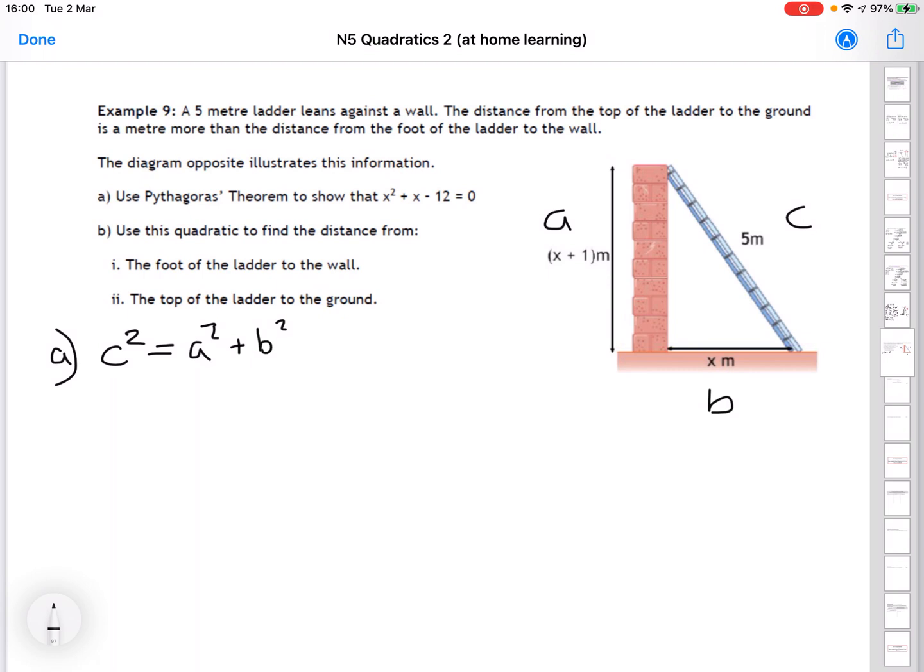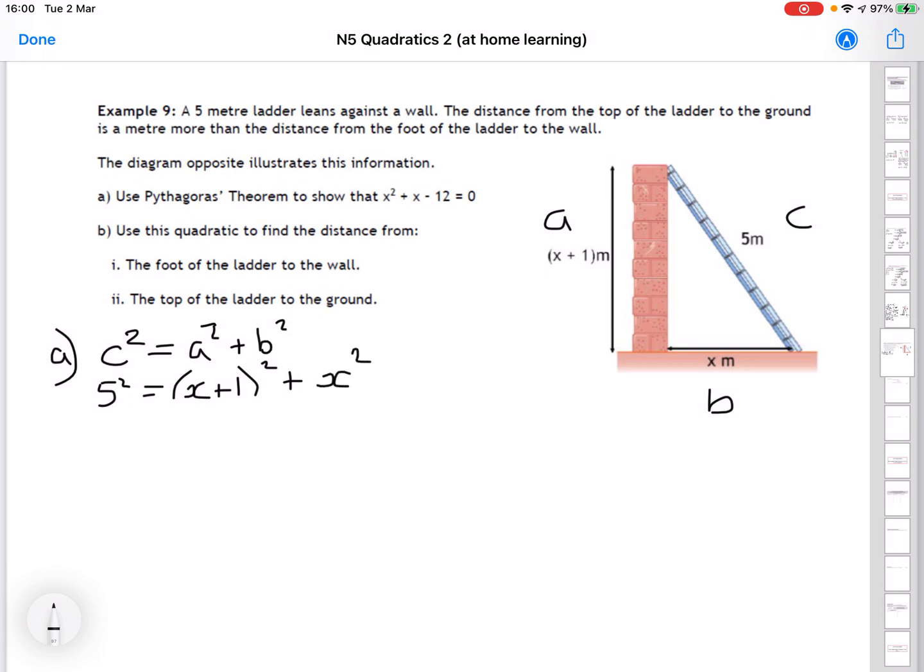So we would set up the basic Pythagoras and then substitute in the values from our diagram. Our long side is 5, so 5 squared, and our short sides are x plus 1 squared plus x squared.